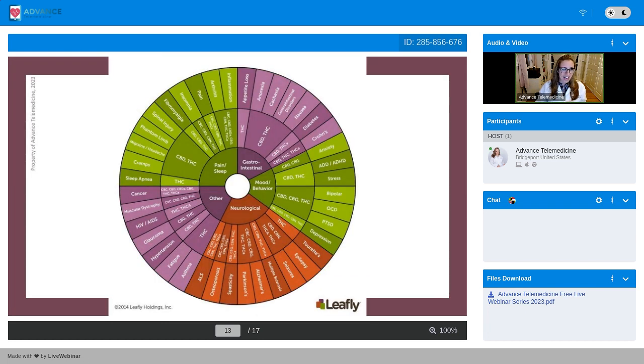So this next slide is just a really cool slide that took somebody a long time to put together. As I mentioned, there are many cannabinoids in the cannabis plants. We talked tonight a little bit about THC, mostly CBD, but we are discovering more and more cannabinoids all of the time.